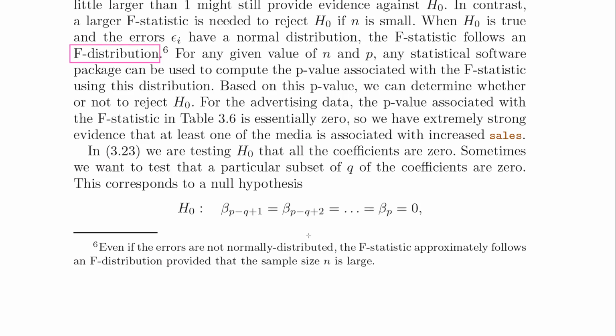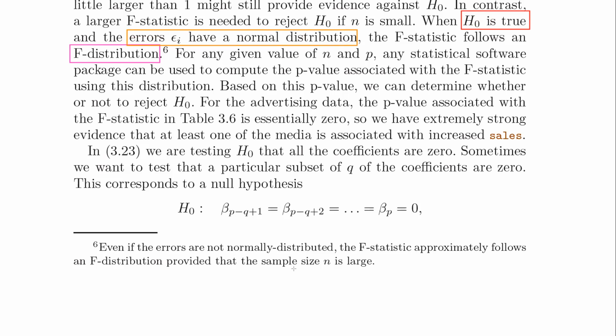So given certain assumptions, that H0 is true, as well as the errors have a normal distribution, then the F statistic should follow an F distribution. It's the entire reason why we're referring to it as an F statistic.